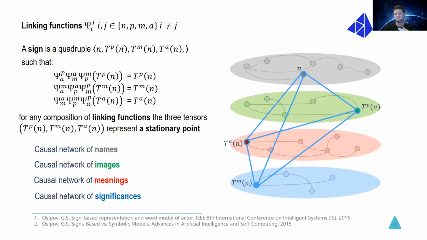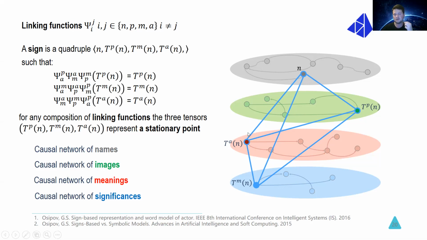Now we are ready to formally define the sign. But before that, I have to say something about linking functions. These are functions that help us move from one component of a sign to another component. So we can move from name to image, from image to meaning, and from meaning to significance, and we can move in the other direction too.